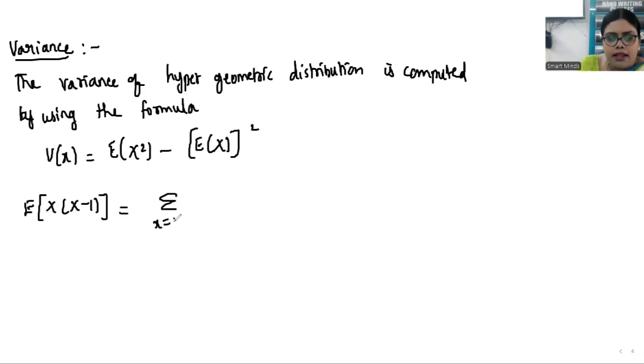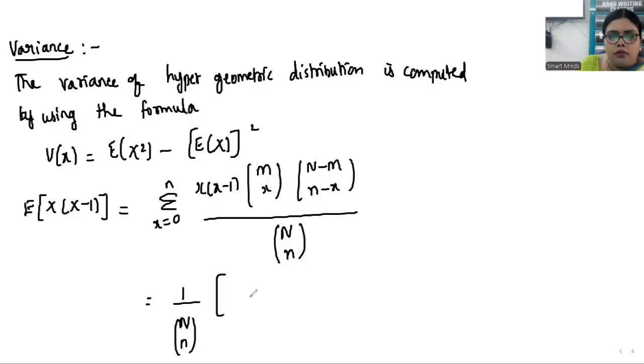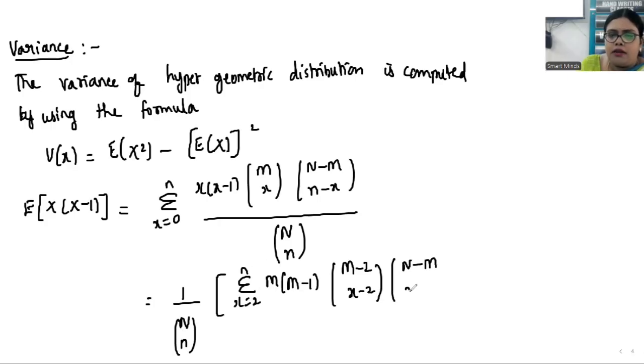That is sigma x is equal to 0 to n x into x minus 1 mCx into N minus m C n minus x by NCn. C means combination. So that is equal to this, NCn I will bring outside. So 1 by NCn into sigma x is equal to 2 to n m into m minus 1 into m minus 2 C x minus 2 into N minus m C n minus x.